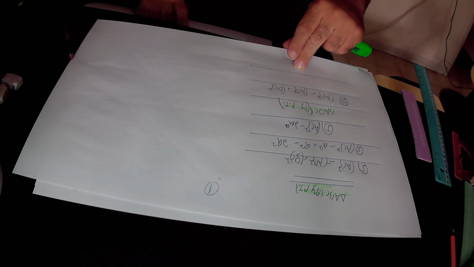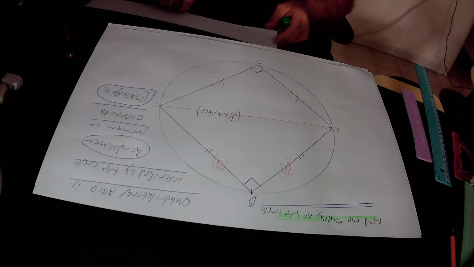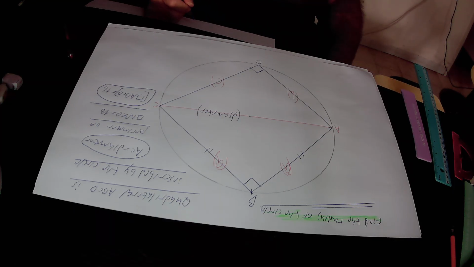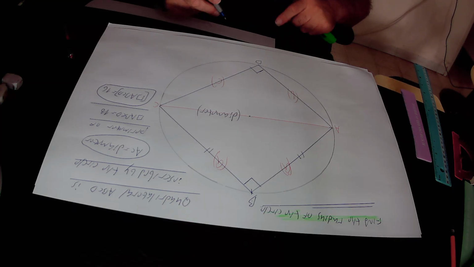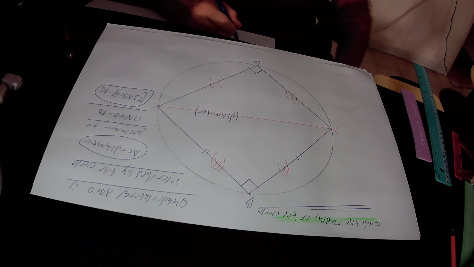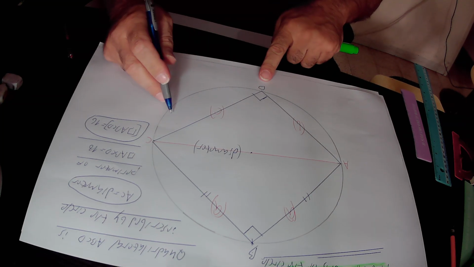AC is the missing side, so we leave it as it is, so it is AC squared equals AD squared. AD is B, therefore AD squared is B squared, plus DC squared.